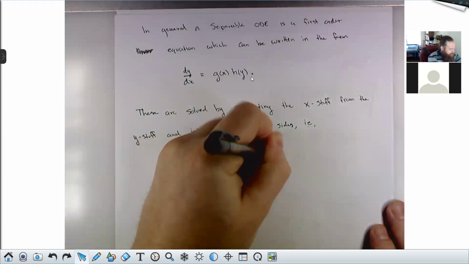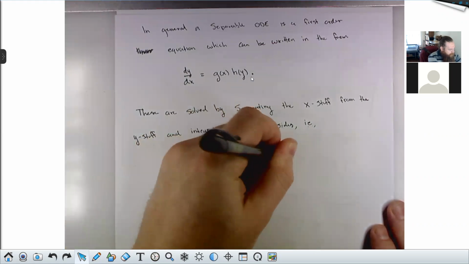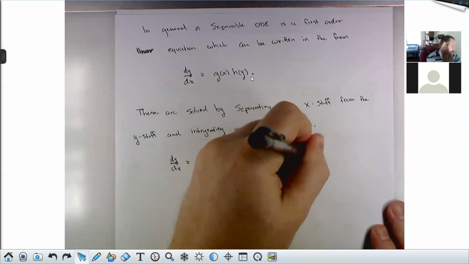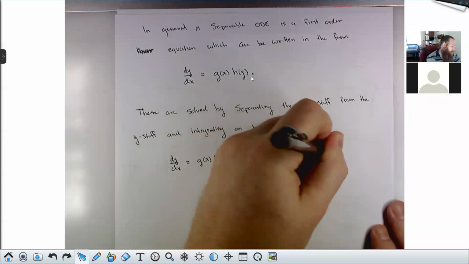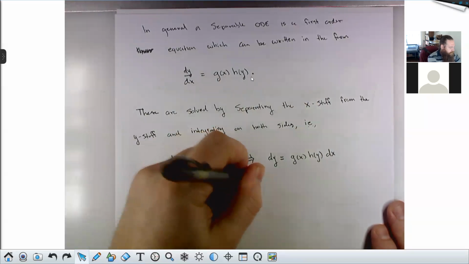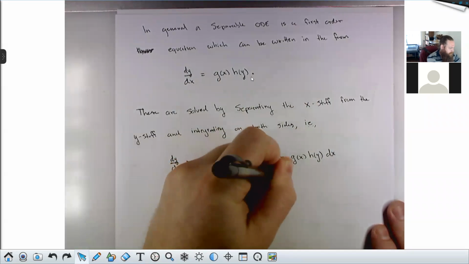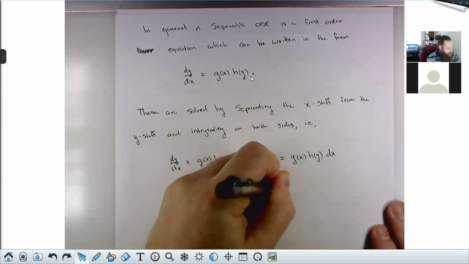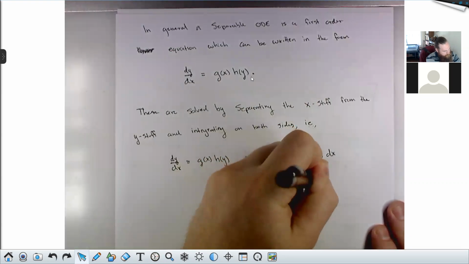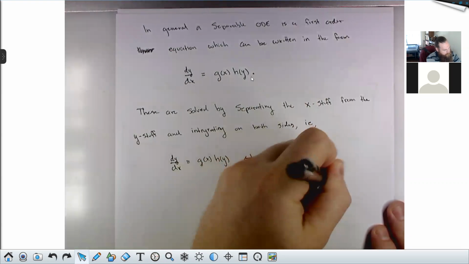So if I multiply both sides by dx, I'll get dy equals g of x times h of y times dx. And then I divide both sides by h of y. And that'll give me dy over h of y equals g of x dx.